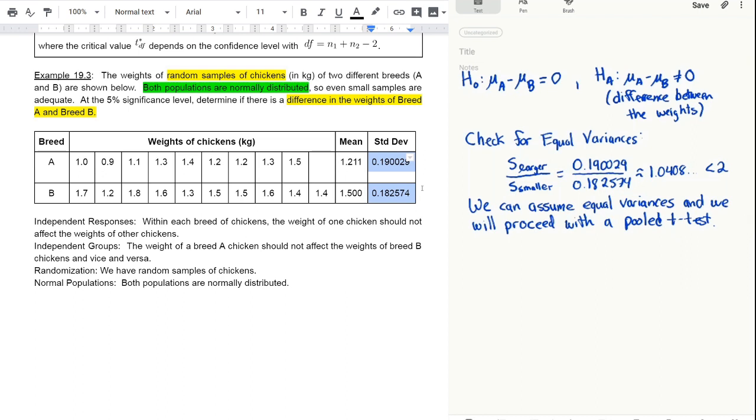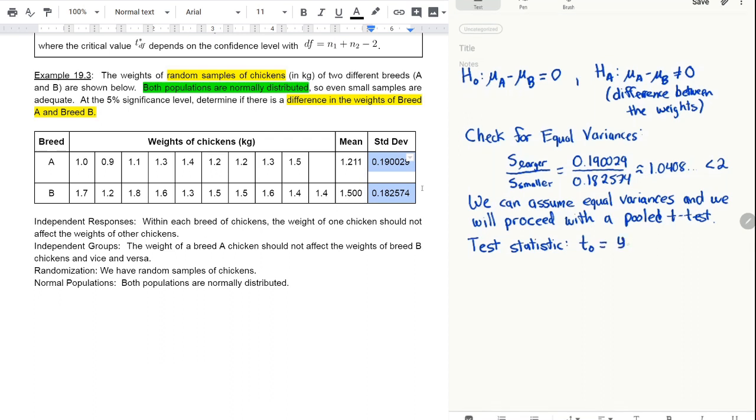All right, so now let's look at finding the test statistic. Okay, now the test statistic is going to be the difference of the sample means of each breed of chicken divided by a pooled standard error.